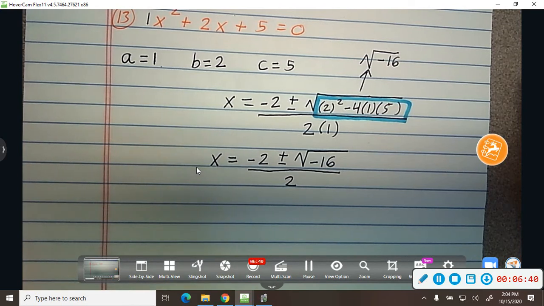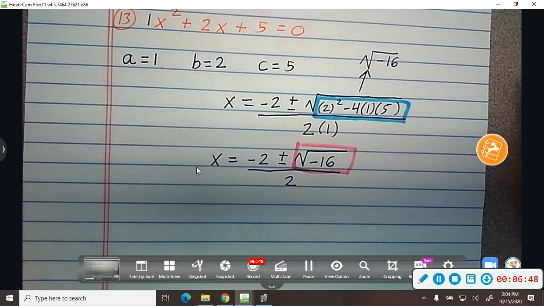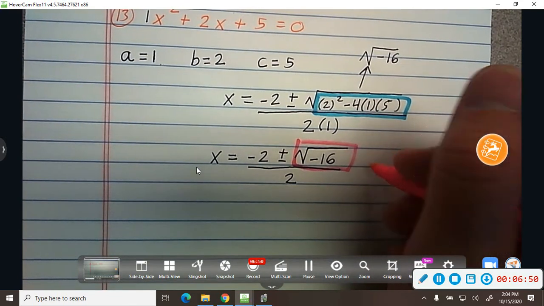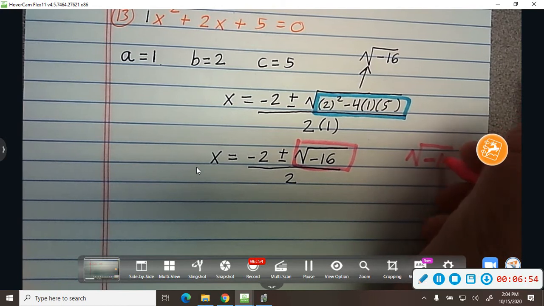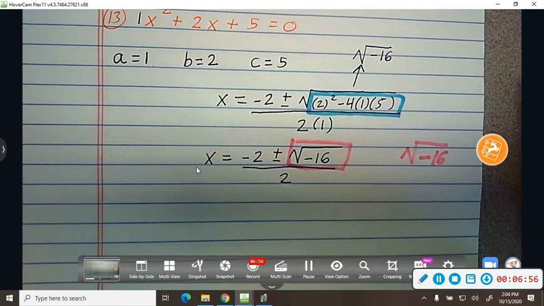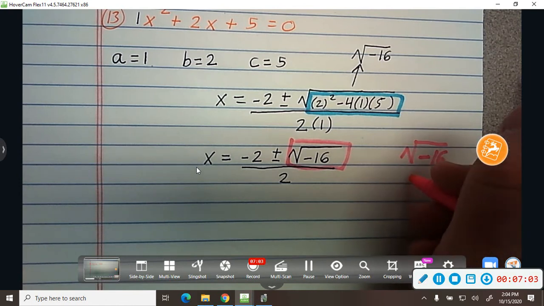So now let's think of the square root of negative 16. How does this simplify? Well, the negative comes out to make an i, and the 16 comes out to make a 4. So this becomes just 4i.